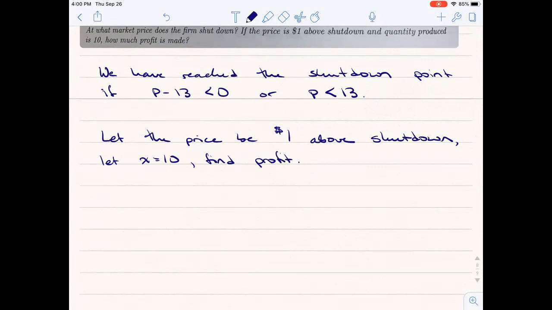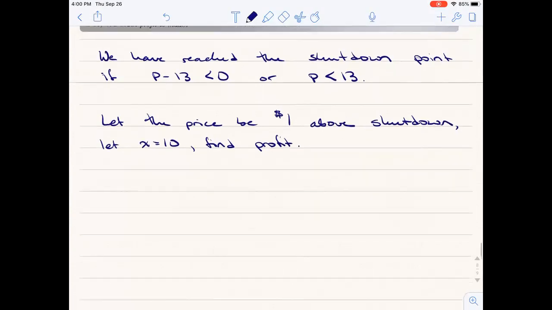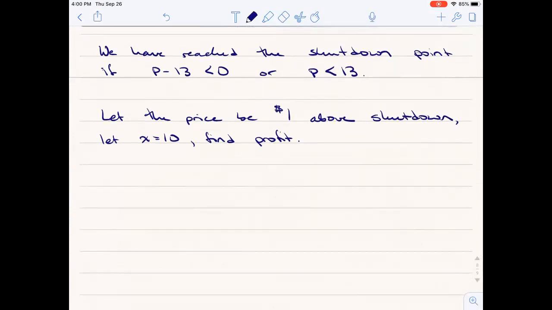So the shutdown point is at 13, right? We said any P less than 13, and so 13 is where we draw the line, right? And so let P be 13 plus 1 then, right? If it's $1 above, so we're going to let P be 14 now.